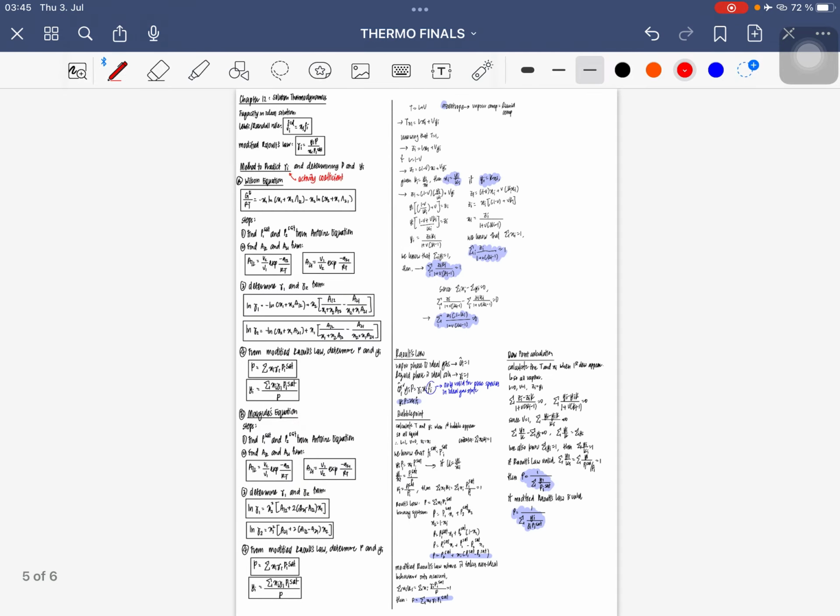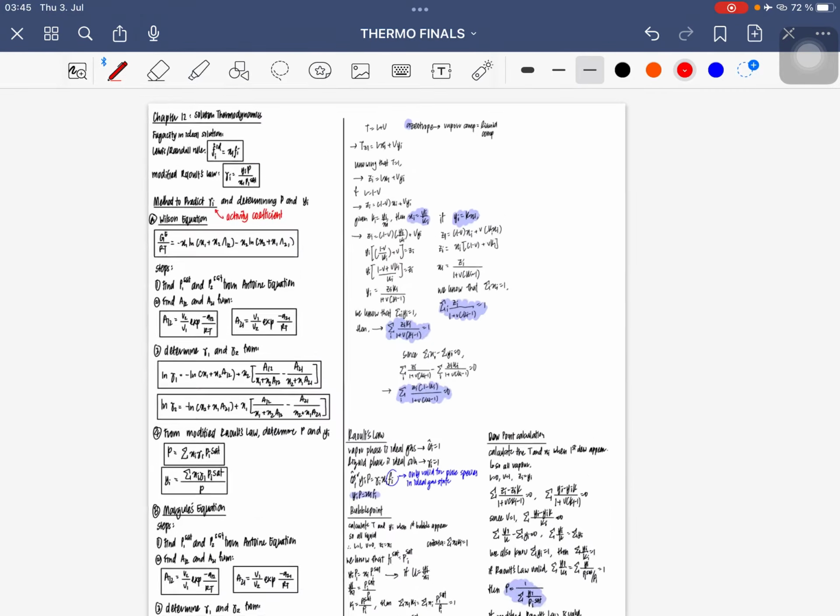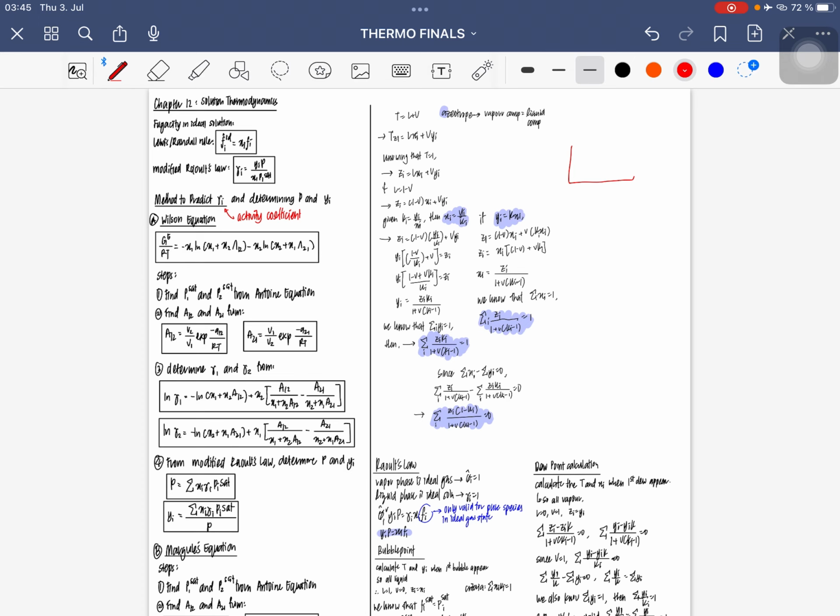But here's the thing. Okay, say you have a system of a mixture. You have A and you have B, and both have vapor and liquid, so you have A liquid, A vapor, B liquid, B vapor. And for this, you have your own mole ratio, because these are the same system. You have a mole ratio for vapor and a mole ratio for liquid.